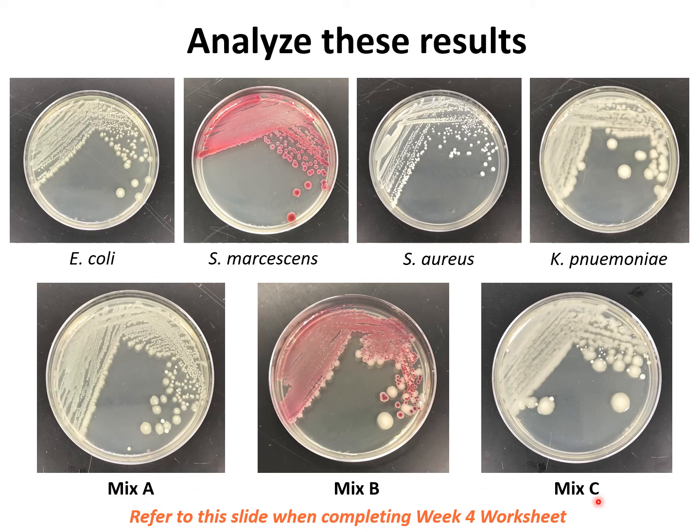They're mixed cultures, meaning you're going to have multiple bacteria species growing on those plates. Try to figure out which bacteria species you have on plate A, B, and C. And of course, go back to those plates up at the top to be able to figure it out.